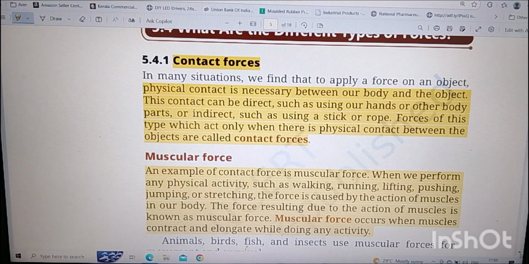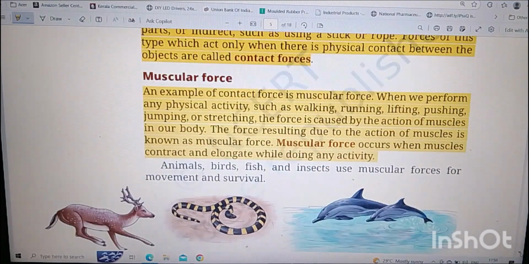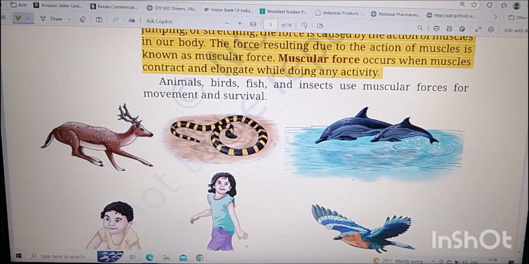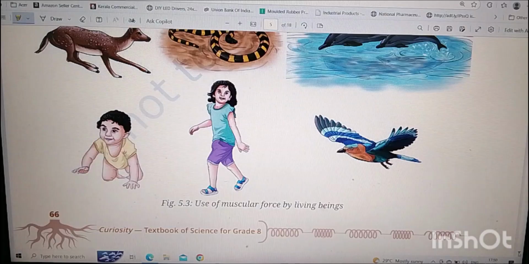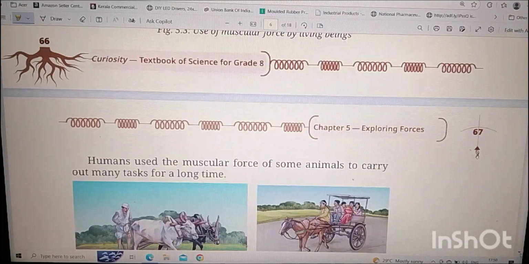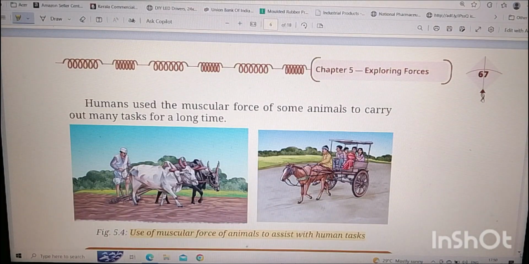These are different activities like swimming, running, crawling, flying, etc. shown here. These are uses of muscular forces by living beings. Next, we can see in this image a bullock cart and a horse cart.